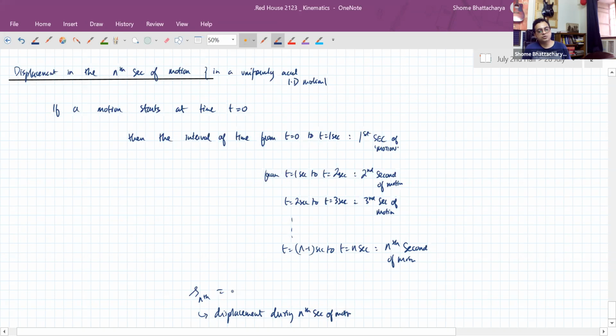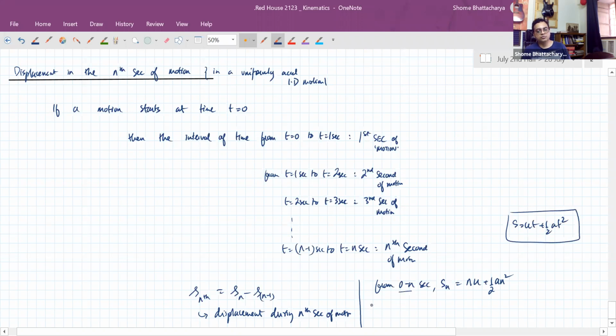So now we want to talk about displacement during the nth second. That should be basically what? It should be displacement after n seconds minus displacement after n minus 1 seconds. So from 0 to n seconds, the displacement is how much? It is nu plus half a n square, using the formula s is equal to ut plus half a t square.